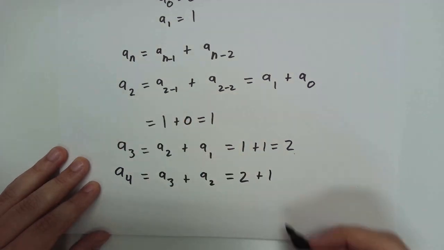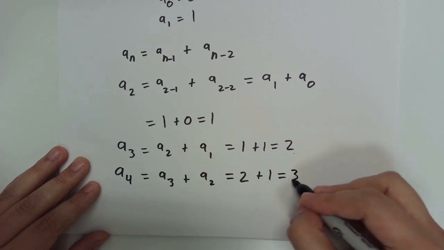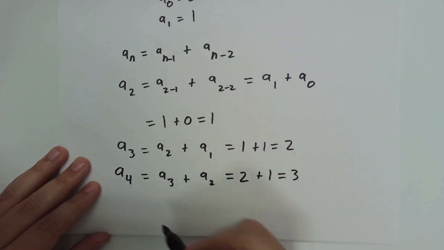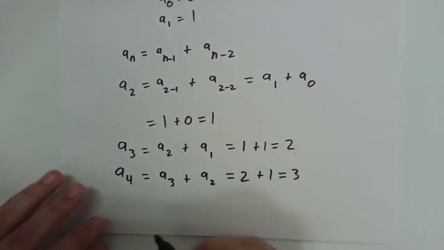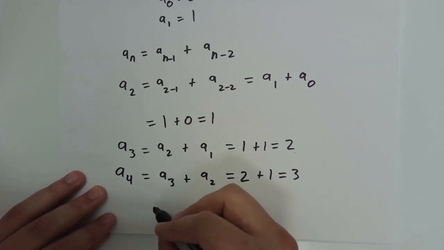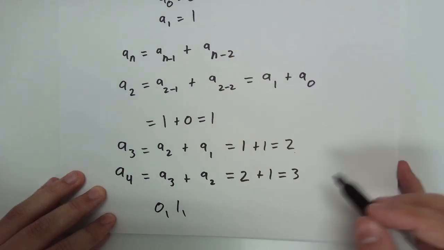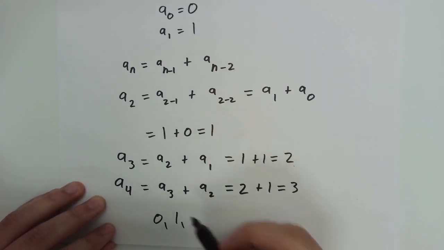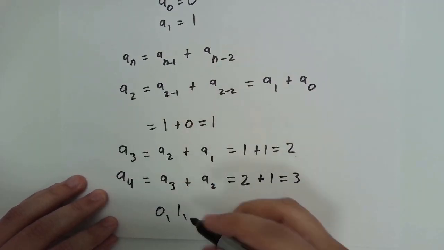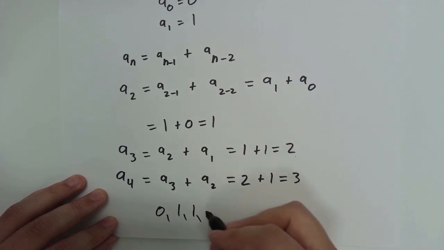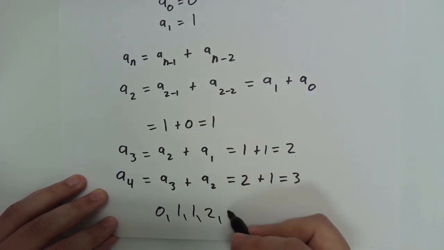So it's just 2 plus 1, which is 3. So this interpretation of the sequence would start with 0, 1, because that's what we defined it with. And then the next one we found was 1, and then 2, and then 3, and so on.